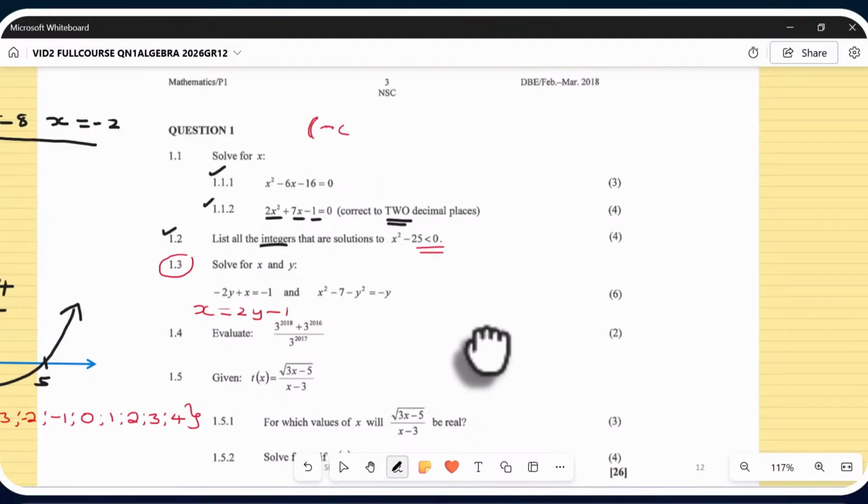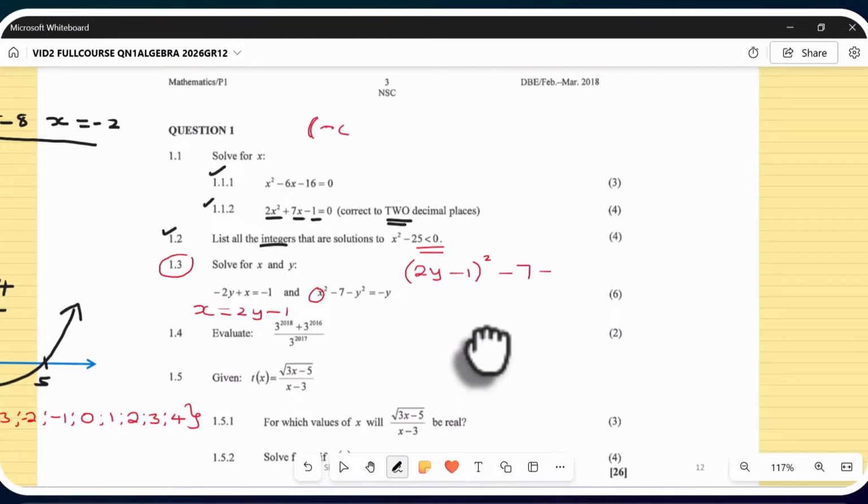So open the brackets. It gives us 4y squared. Then 2 times 2y times negative 1 is minus 4y. And then the square of negative 1 gives positive 1, so plus 1.